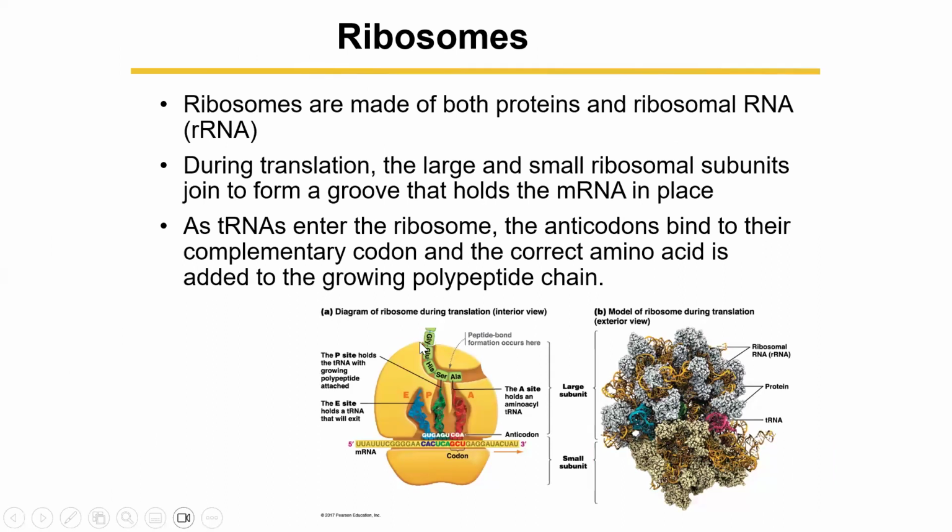And what happens is that the tRNAs go through each of the different sites, starting from the A site to the P site to the E site, and we'll talk about those. It just keeps on adding on to the chain itself.